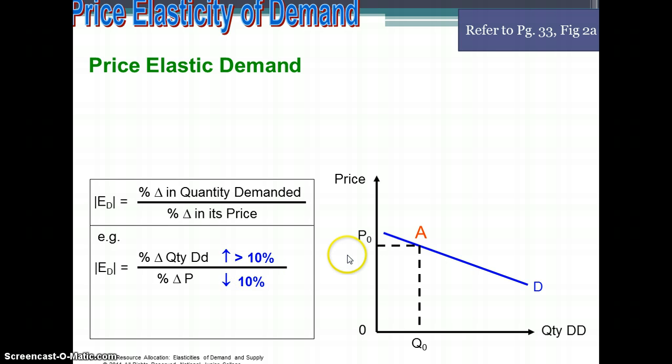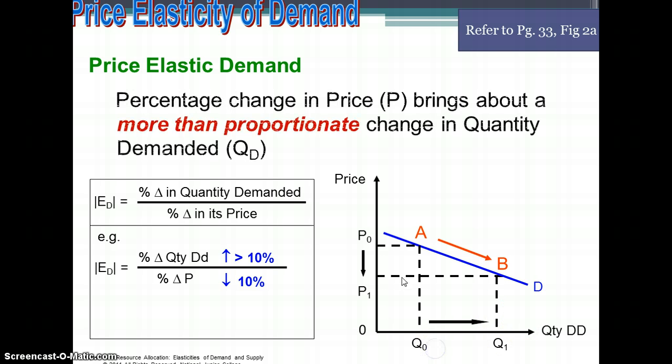If you refer to this diagram, when there is a decrease of price from P0 to P1 on this demand curve, the quantity demanded will increase from Q0 to Q1. So there is a huge increase in the quantity demanded. So by explanation, the percentage change in price brings about a more than proportionate change in quantity demanded.